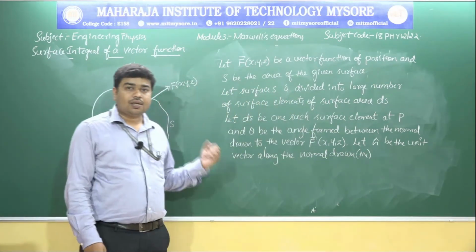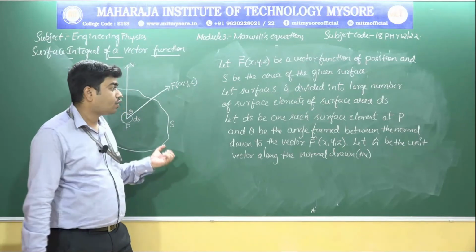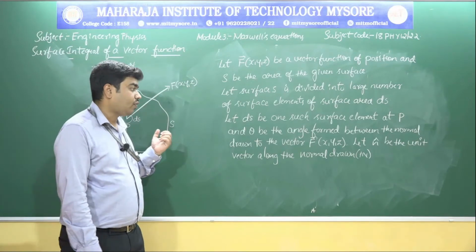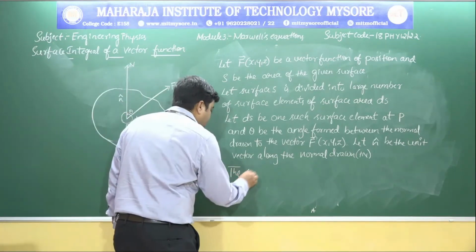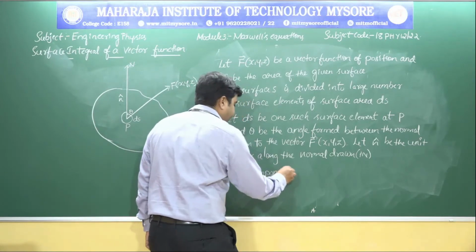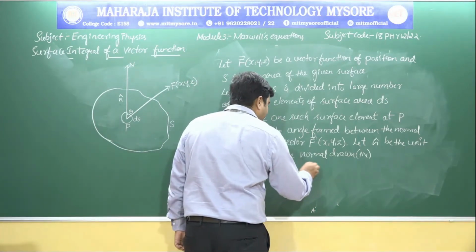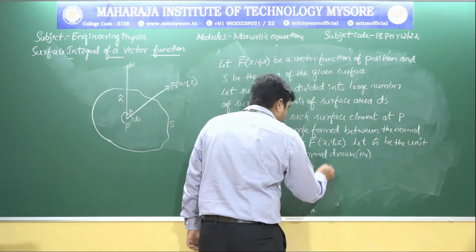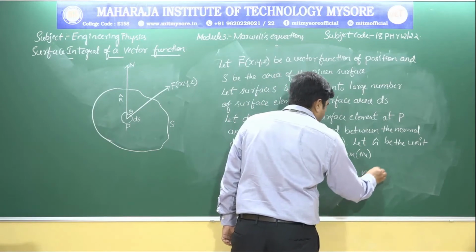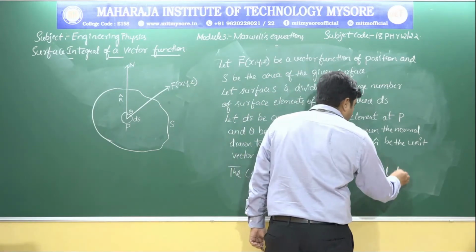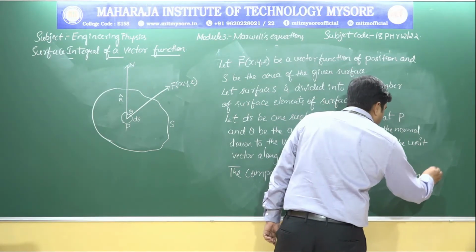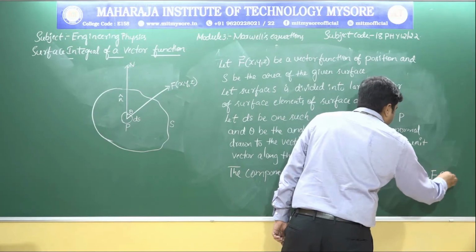Then the surface integral for the given surface element ds can be found by using the component of vector f along the normal drawn, which is equal to f cos theta.